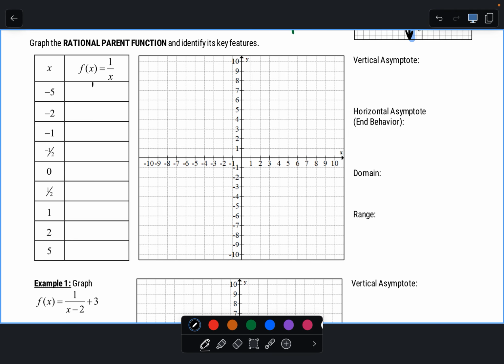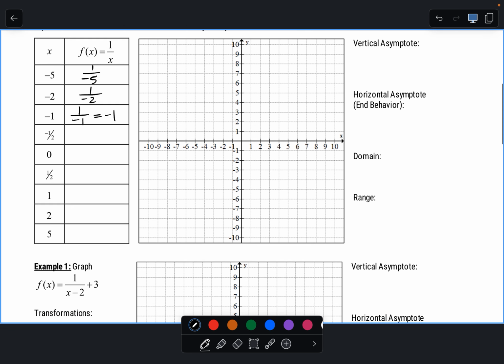And those are going to be transformations that I have to apply. What does the -2 mean? Right 2. And what does the +3 mean? Up 3.